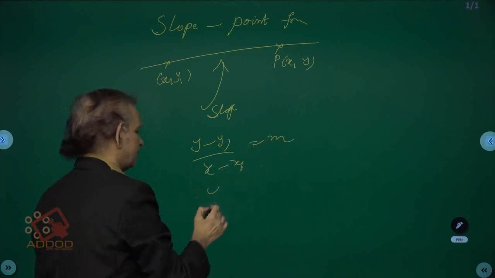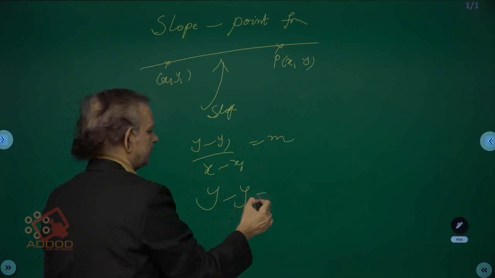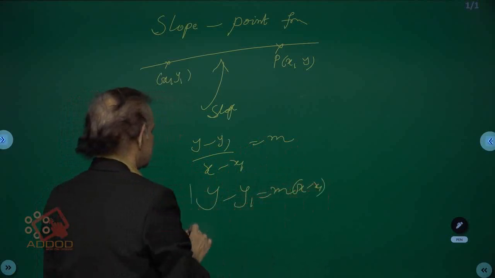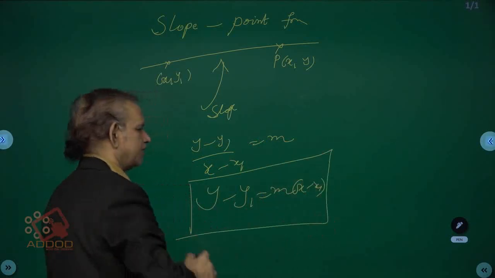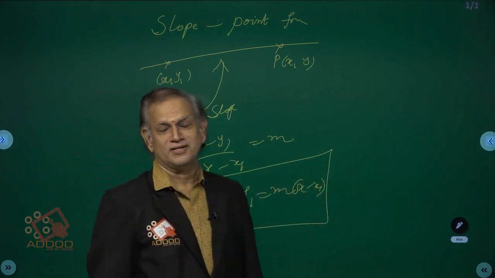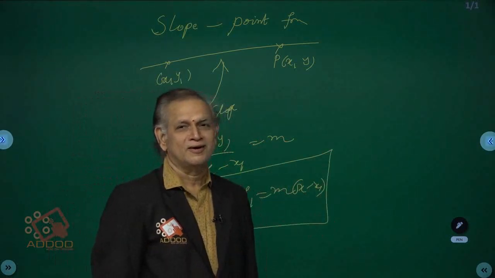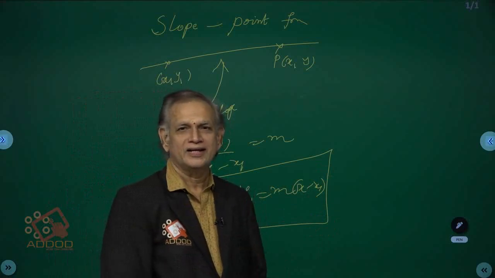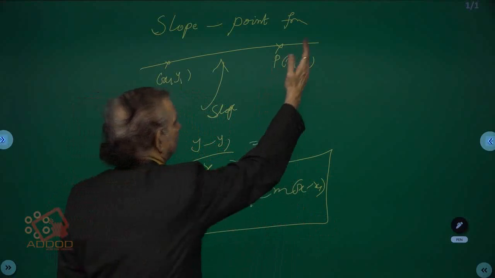You cross multiply, y minus y1 is equal to m into x minus x1. The most standard form of the equation of a line, but you see, we don't like to use this frequently. Why? Let me tell you.